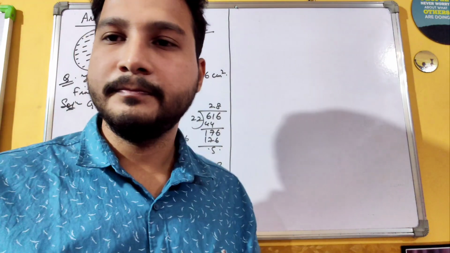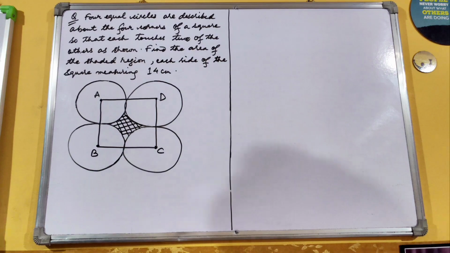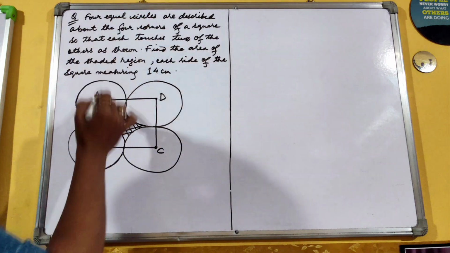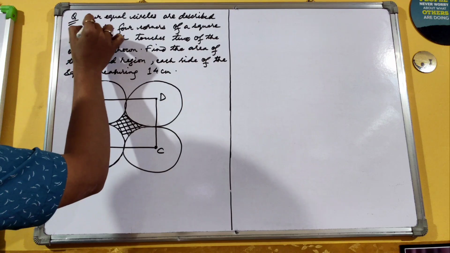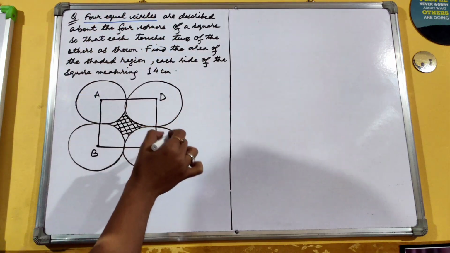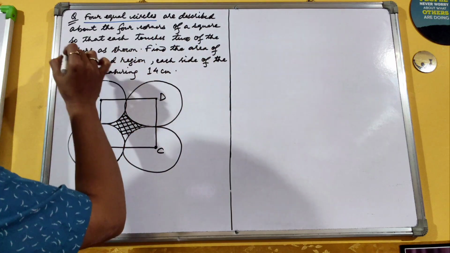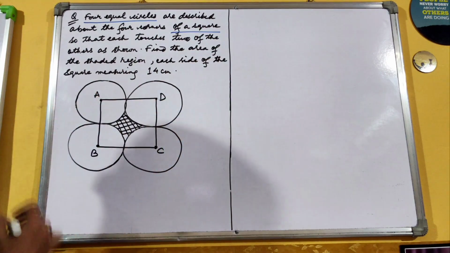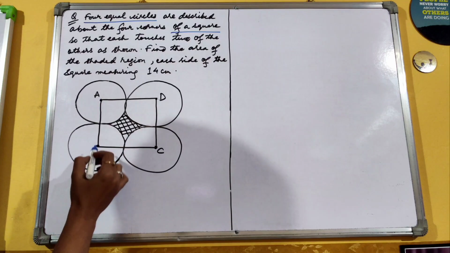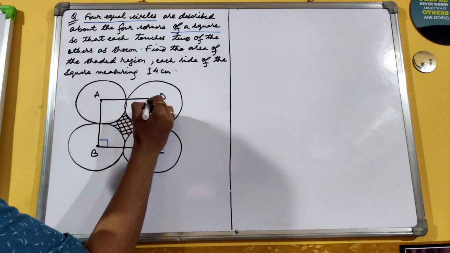Okay. So look at the sum here. 4 equal circles. The circles are equal in area. 4 equal circles means the circles are equal in area. Are described about the 4 corners of a square. So this is a square ABCD, and you know that the sides of the square are perpendicular to each other.